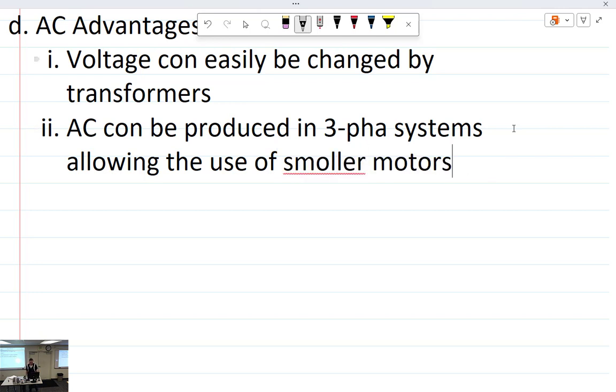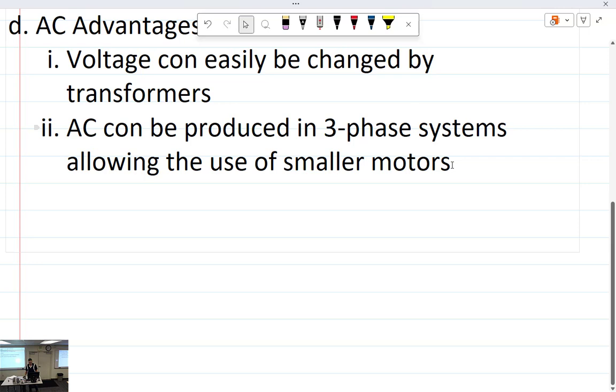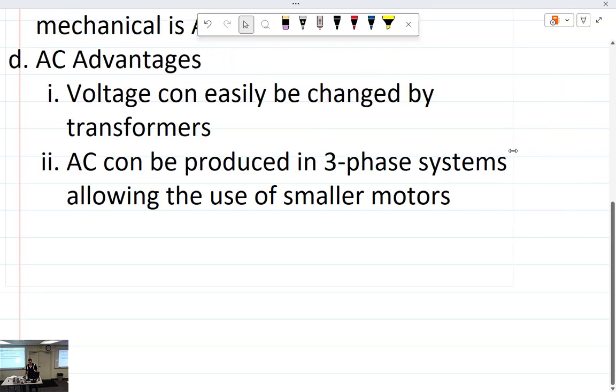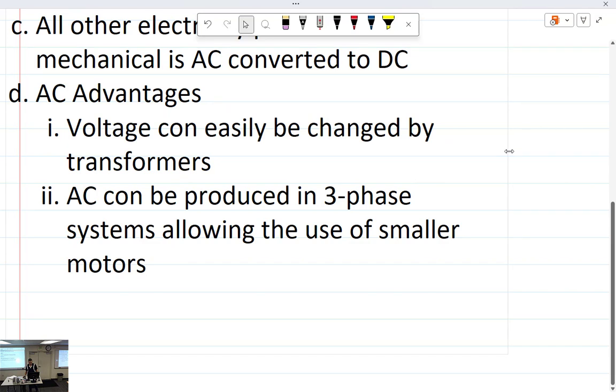Three-phase systems, use of smaller motors. Let me fix this a little bit. Gives me a little bit of room to write over here. All right.